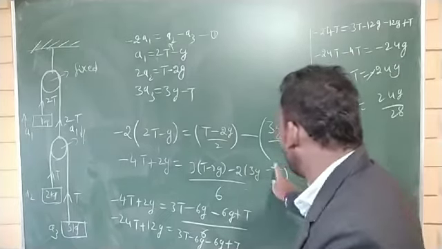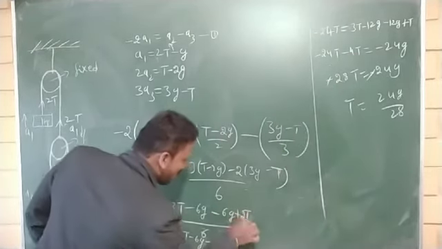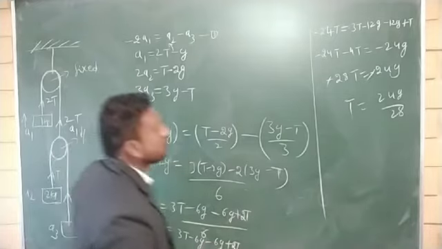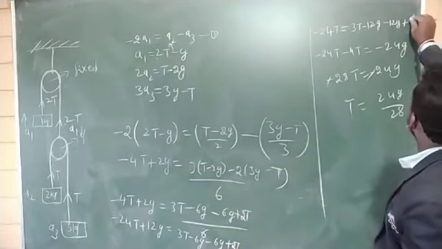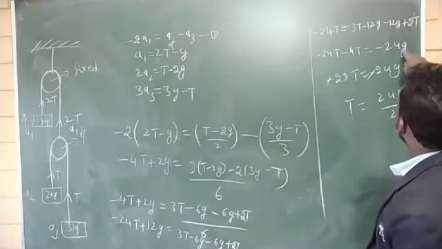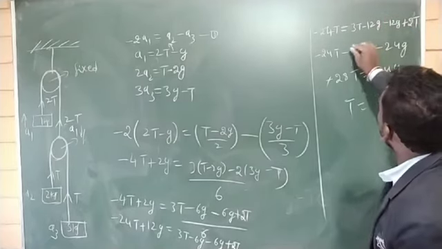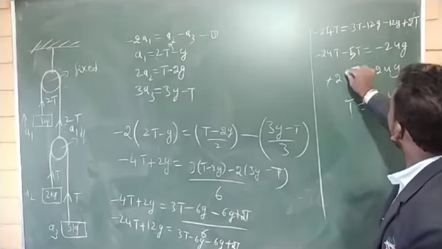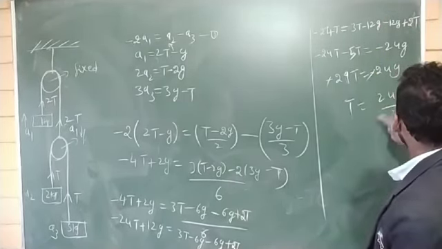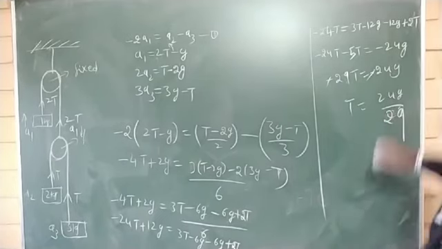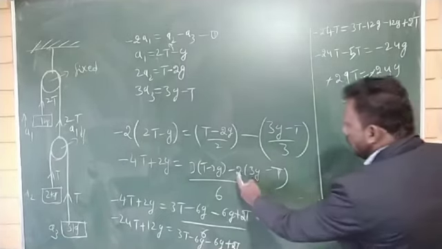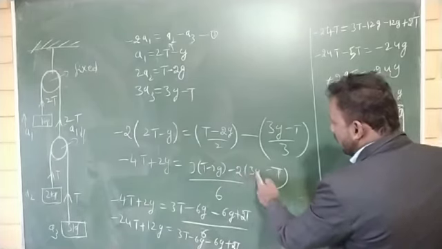Here 2 into T is 2T, not T. Here it is 5T, and this is 29. Here also 29. Okay. 2 into 3g, 6g.